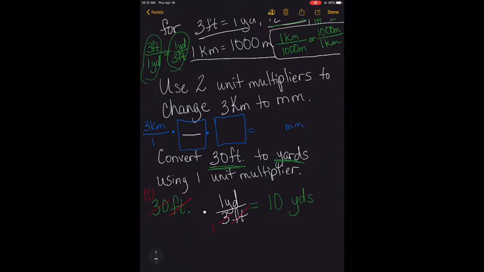All right, we could use 1 kilometer over 1,000 meters or 1,000 meters over 1 kilometer. In this case, what we want to make sure of is that we can cross-cancel our kilometers. So that means our kilometers have to be in the bottom. And that way we're going from kilometers to meters. So that's our unit multiplier. 1,000 meters is 1 kilometer.